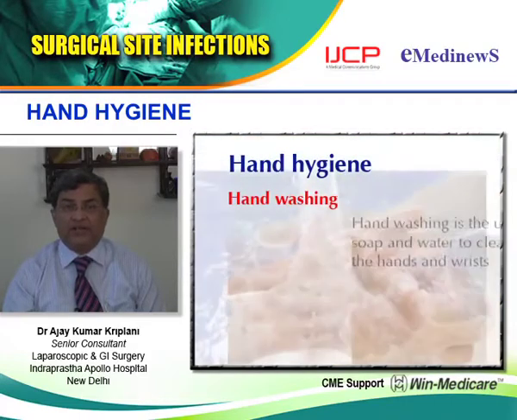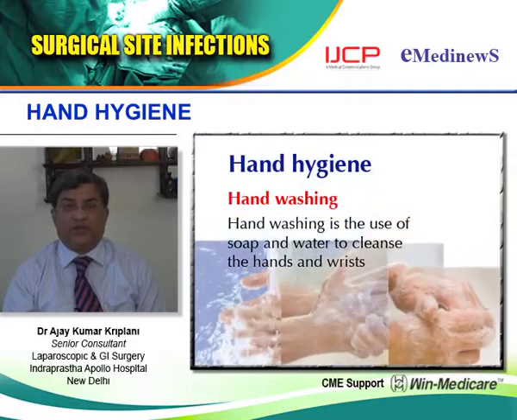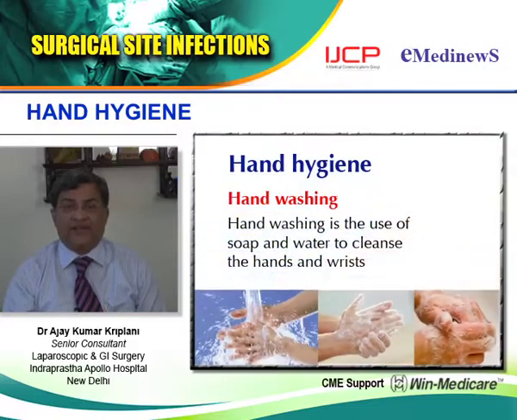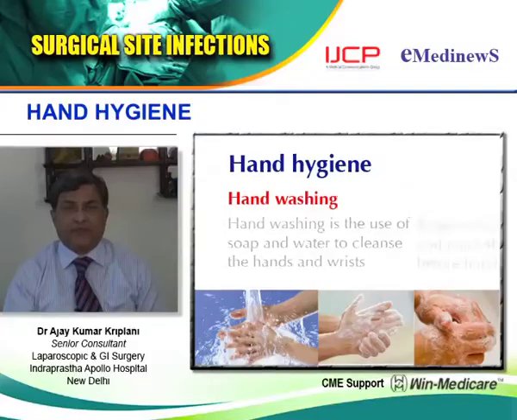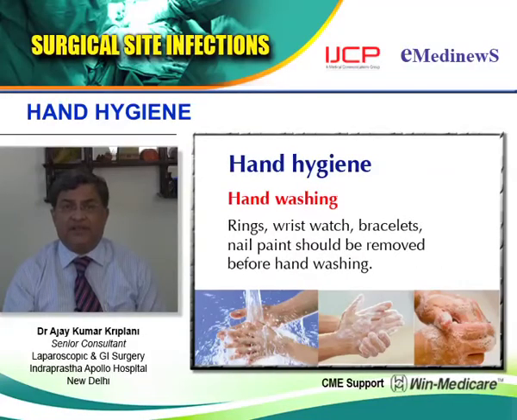Hand washing is the use of soap and water to cleanse the hands and wrists. Most of us wash our hands frequently, but it is important to know the proper procedure to ensure that the hands are decontaminated. Rings, wristwatches, bracelets and nail paints should be removed before hand washing.